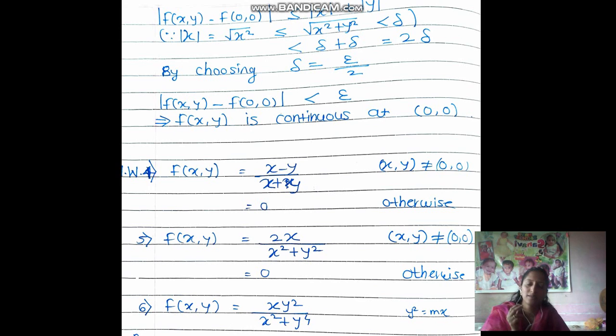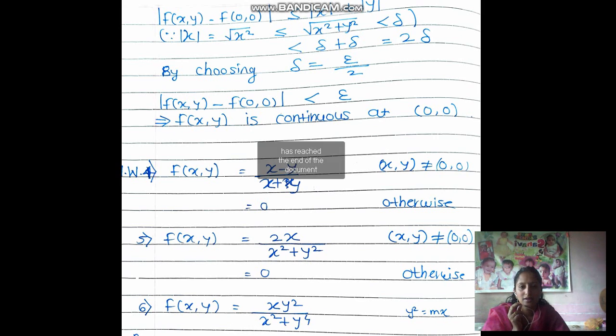You remember that the values of sine and cos lie between minus 1 and 1. Therefore modulus of sine 1 upon x is less than or equal to 1, and modulus of sine 1 upon y is also less than or equal to 1. So what remains is that modulus of f of x, y minus f of 0, 0 is less than or equal to modulus x plus modulus y.